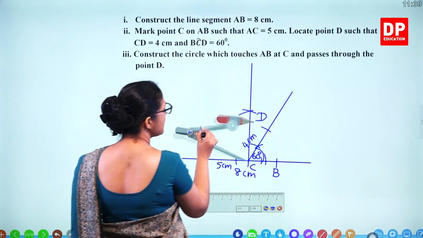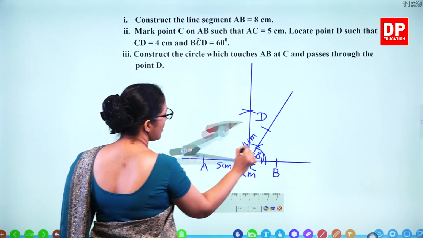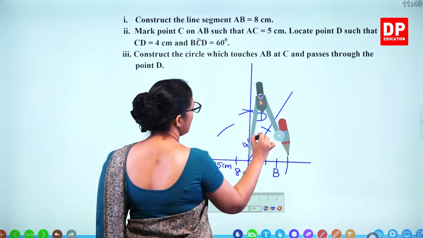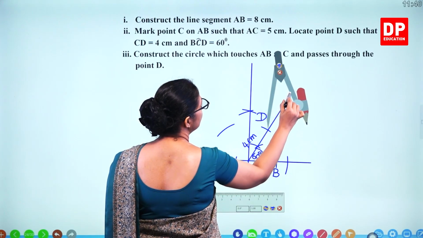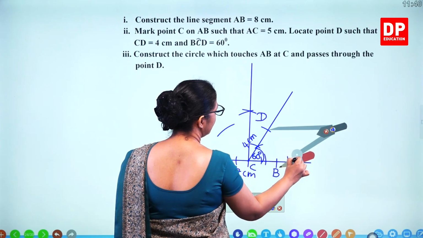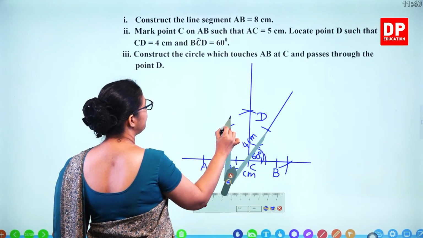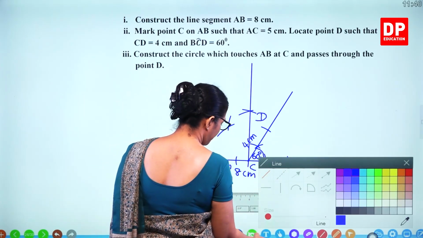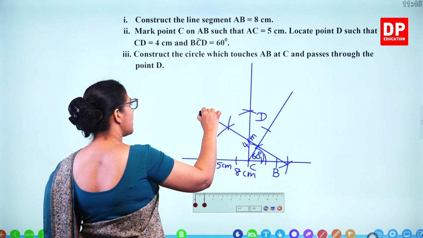Take any distance, draw an arc in the middle, an arc on the other side, from point D, here and here. Now we'll draw the line. This one and this one.